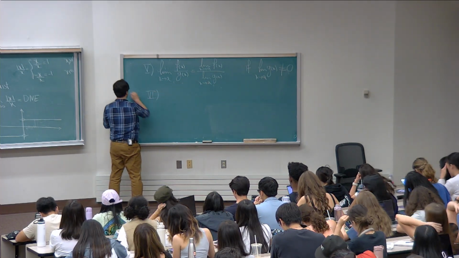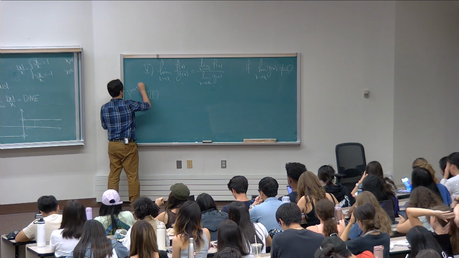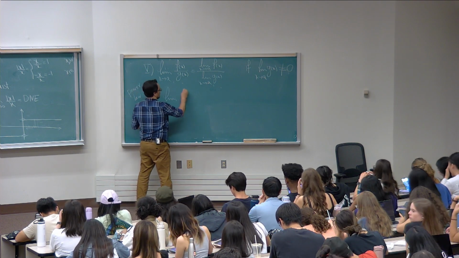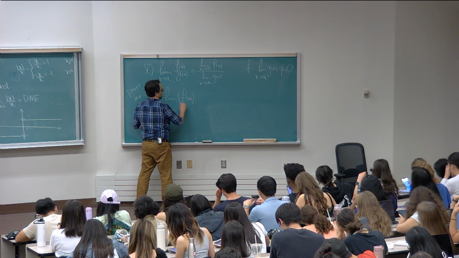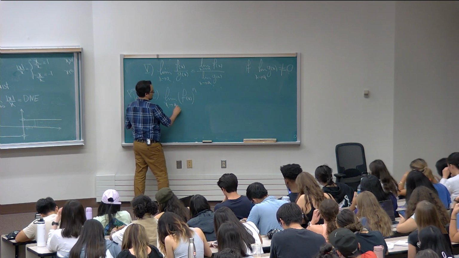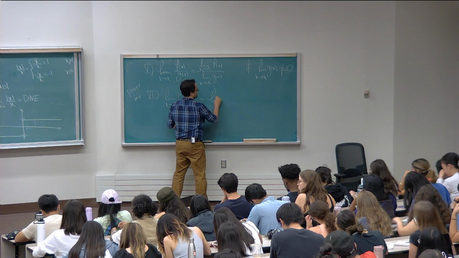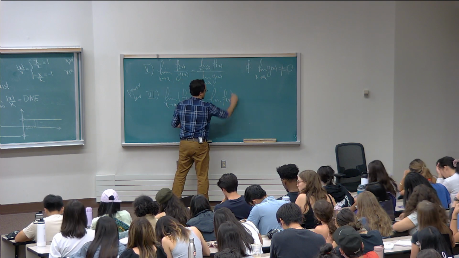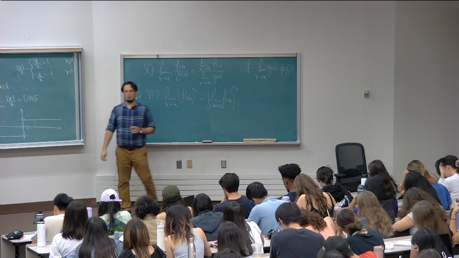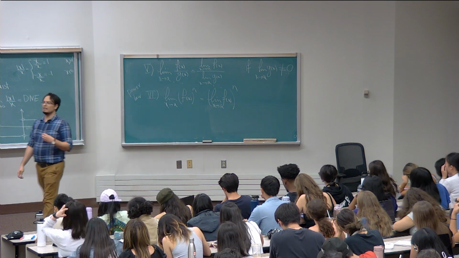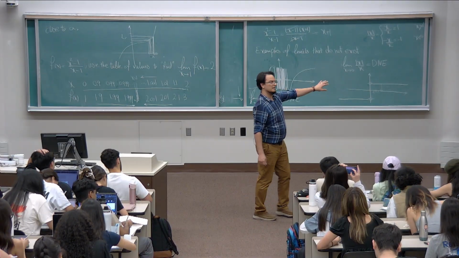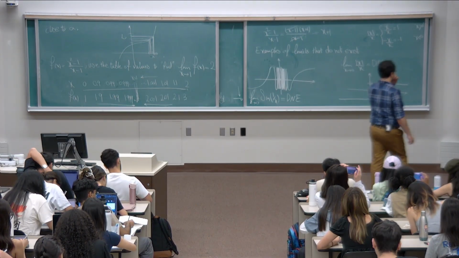There is power law, which says if you have limit of f of x to the power n, n a positive integer, as x approaches a, this is going to be the limit of f of x as x approaches a, to the power n. So limit and power work nicely. Here n is a positive integer.